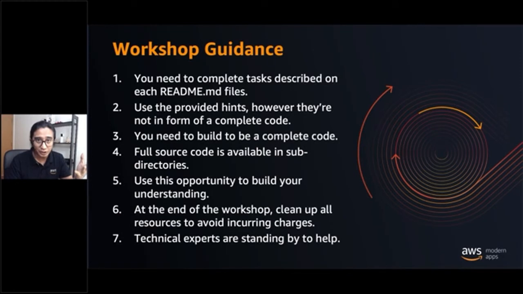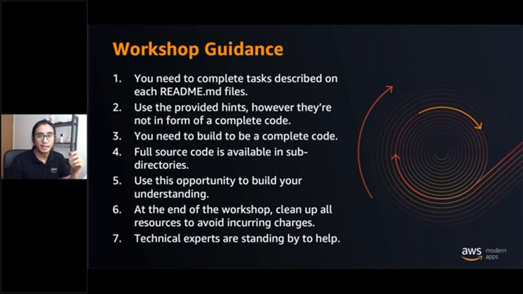Now this is the main challenge because they are not in the form of complete code, right? But if you want to take a peek into the full source code, it is available in subdirectories. Now please use this opportunity to build your understanding, and if at some point you encounter any problems, technical experts are standing by to help you out. And don't forget, at the end of the workshop, please clean up all resources to avoid incurring charges, right?